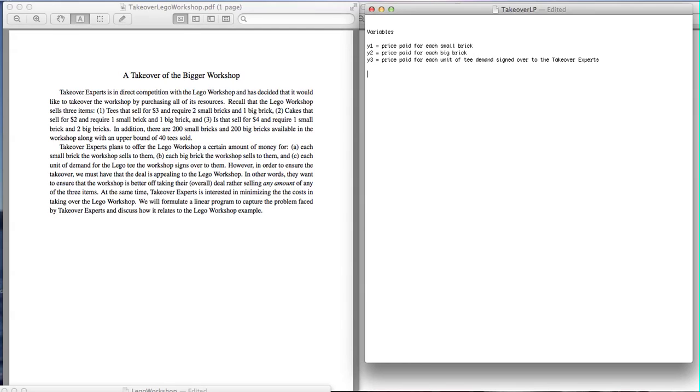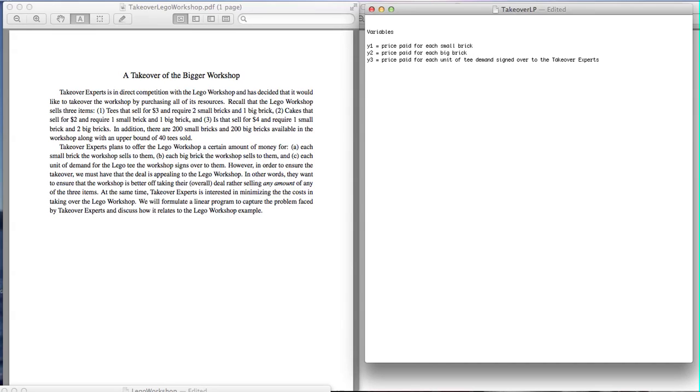So these are the decision variables, and now we want to express what the objective of Takeover Experts is in this decision-making environment. Like I said before, they want to minimize their costs in the takeover. We can break down the cost by each of the resources they're buying up.